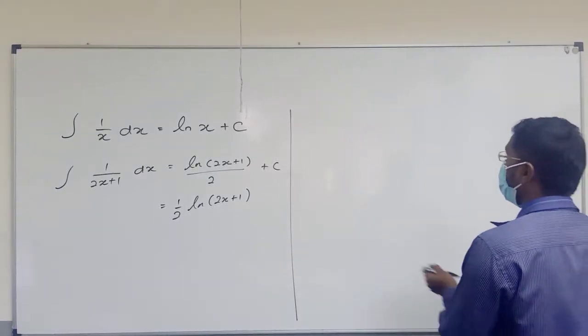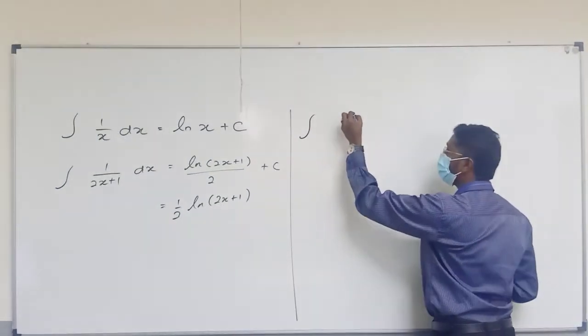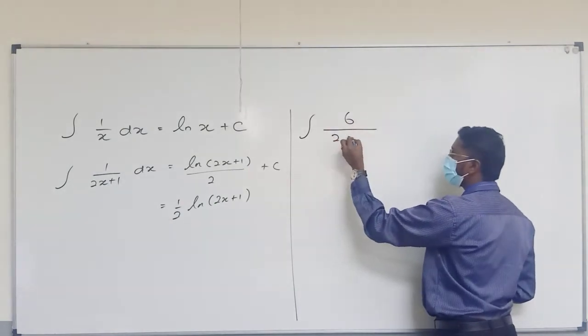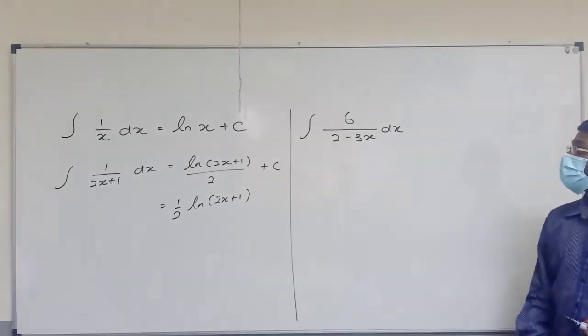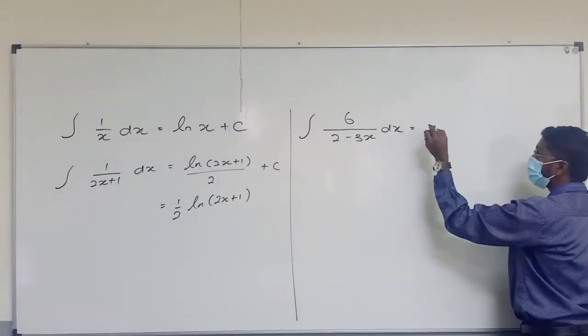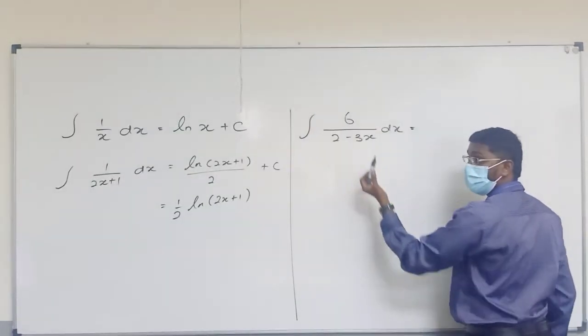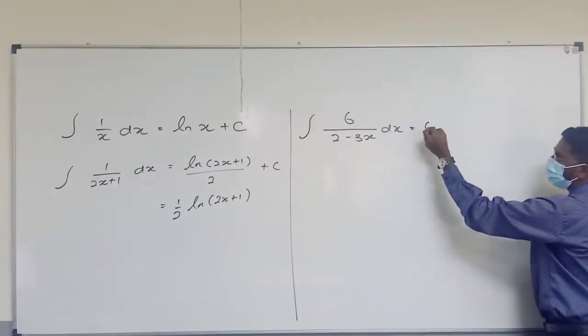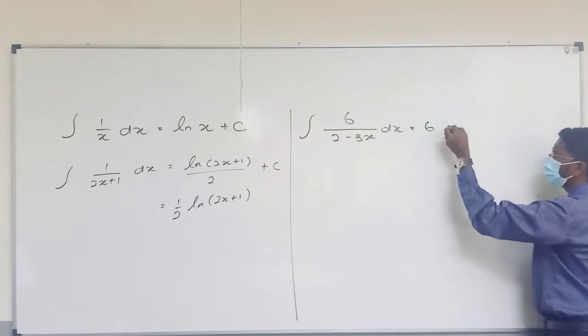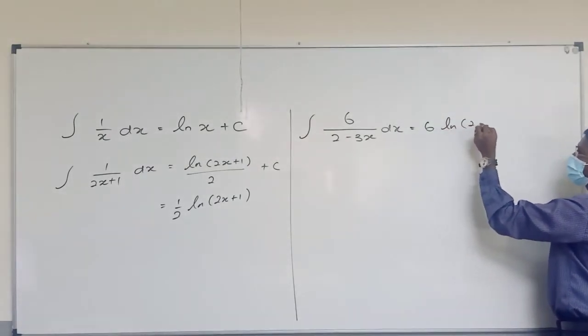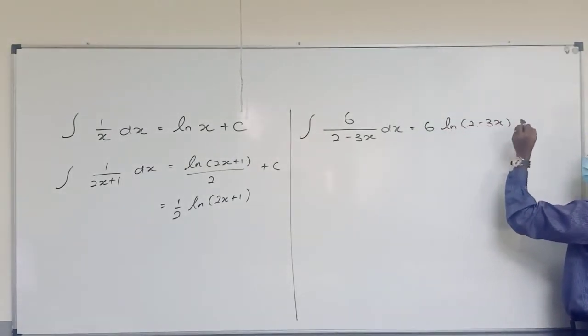Let's look into another example. The integral of 6 over (2 minus 3x) dx. The 6 here we just keep and put outside. Then integrate this and you will get ln (2 minus 3x).